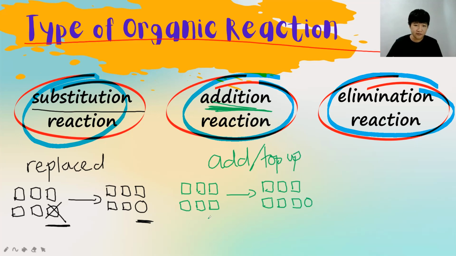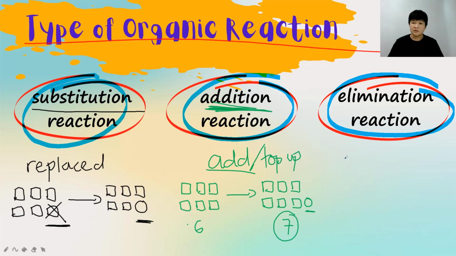Can you see the difference over here? In addition, we do not need to remove anything. We only add in the things that we want to add. And you can see the changes. Over here is 6, over here is 7. When it's an addition reaction, the number at the end will be different. The number at the end will be increasing.